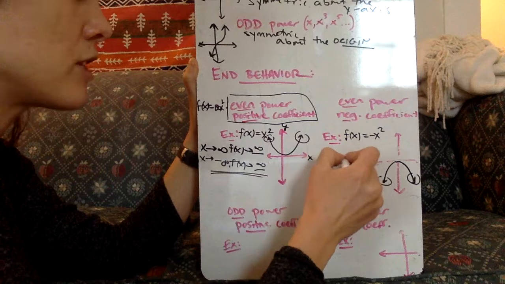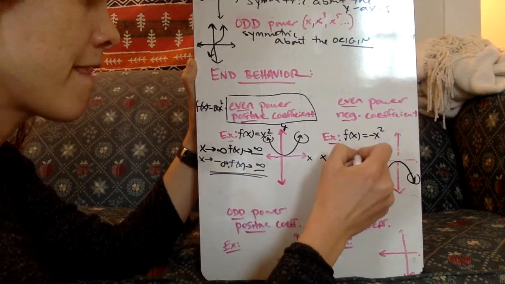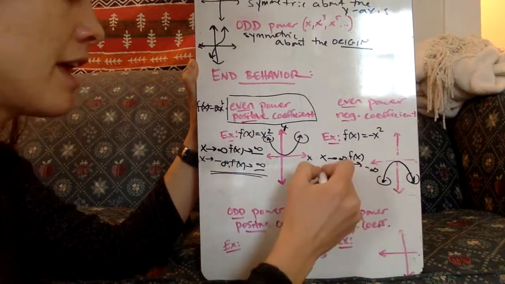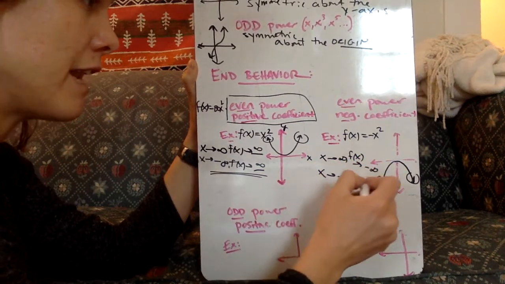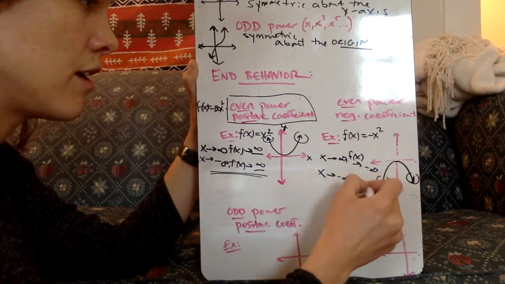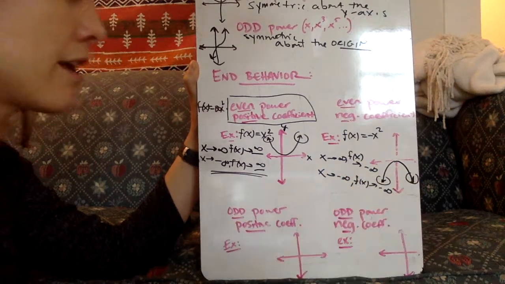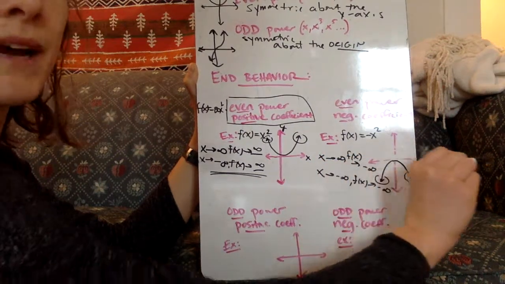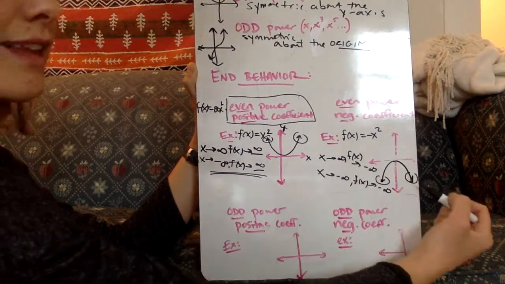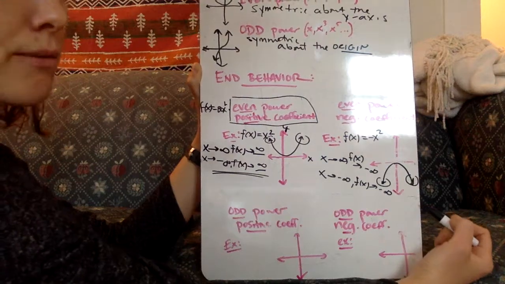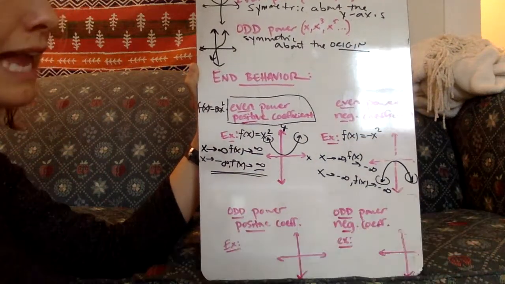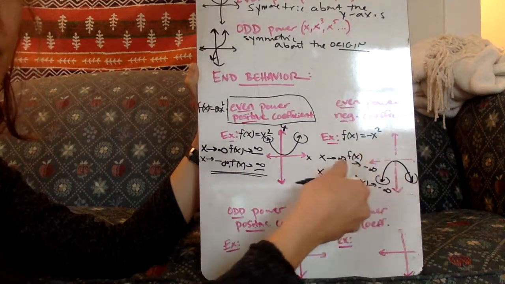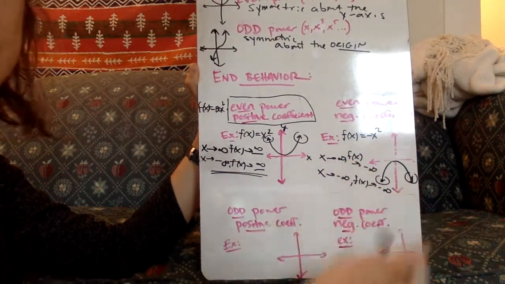So as x approaches infinity, f of x approaches negative infinity. And as x approaches negative infinity, f of x also approaches negative infinity. And I know this, so if I'm going across my x-axis towards positive infinity, I can see that my y values are slowly approaching negative infinity, so they're going down. And as x is approaching negative infinity, or moving in the negative direction, my y values are also decreasing there.